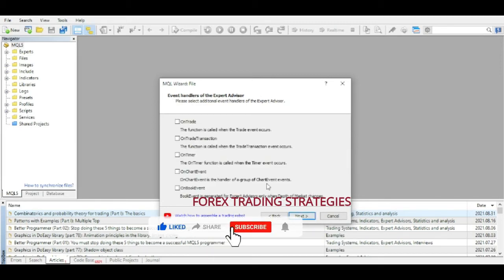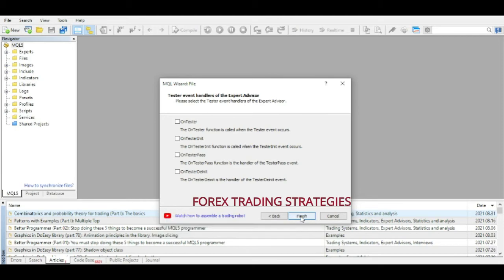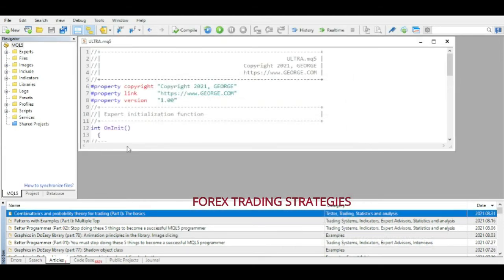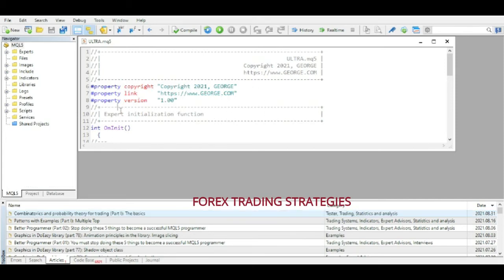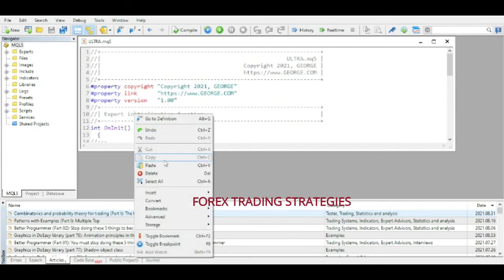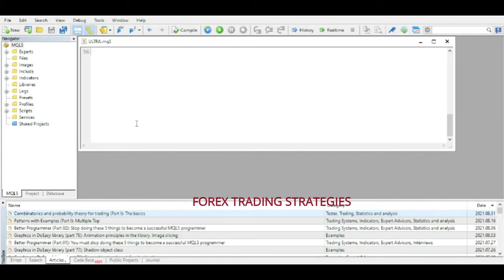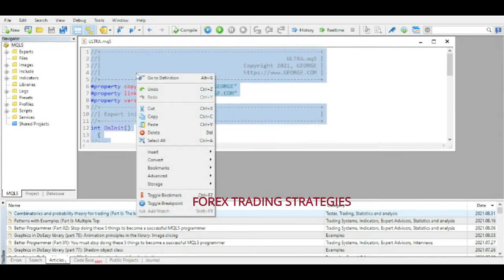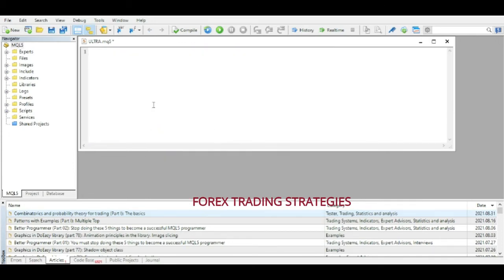Then next, don't worry about this, don't worry about that. Click finish. So you see there we have our thing there, but basically what we want to do is to just select all of it, and delete, including our George credit.